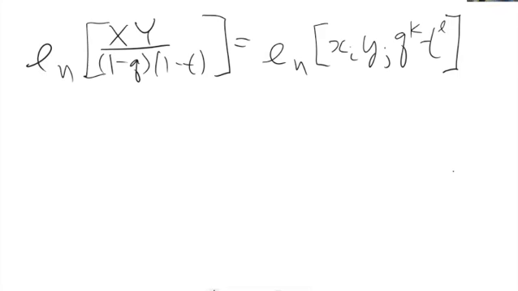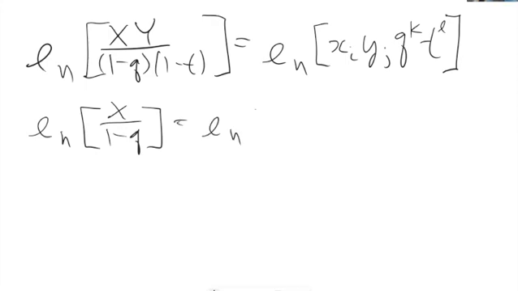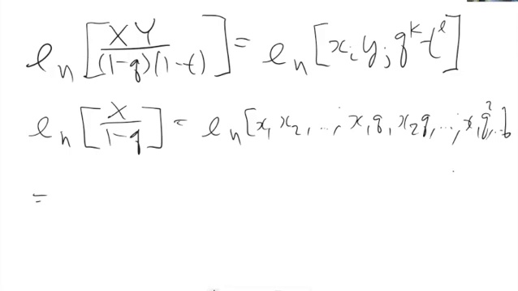That makes sense. Said another way, for instance, if I took e_n of just X over 1 minus q, this would be the same thing as e_n of x1, x2, and so on, x1 q, x2 q, and so on, x1 q squared, etc. This is also the result of starting with e_n and evaluating it at the operation which sends the power sum generators of the symmetric functions p_k to p_k over 1 minus q^k.